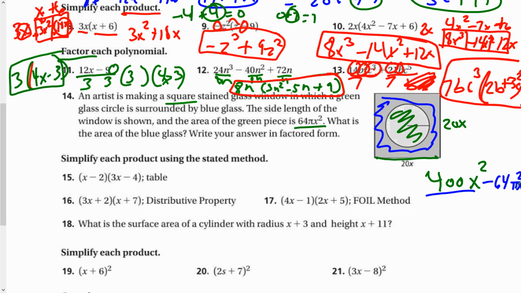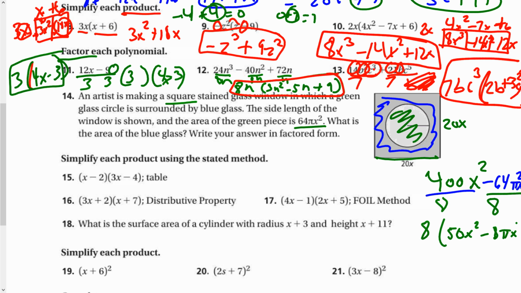So I factor, just like we did on 11 through 13. So what can come out of 464? So we can take out an 8, and we'll work from there. So we take out 8, so we get left with 50x squared minus 8.